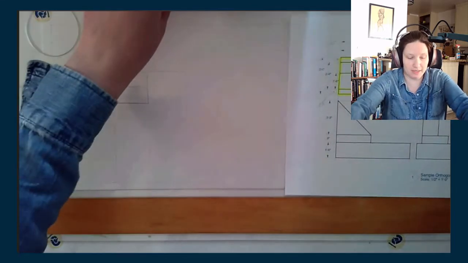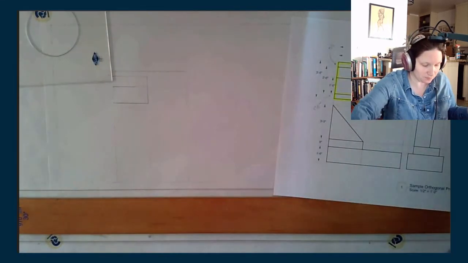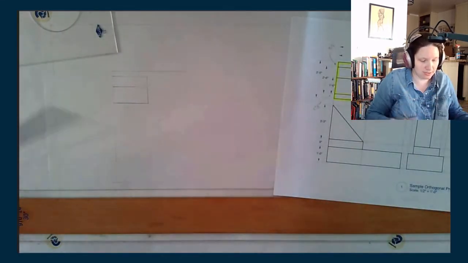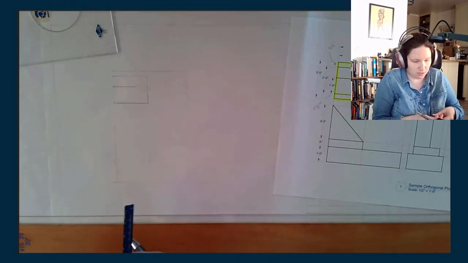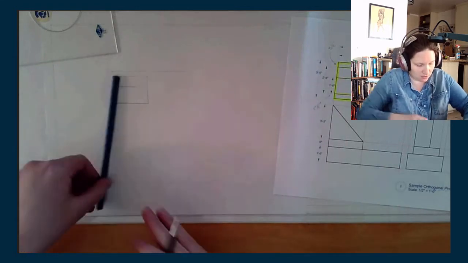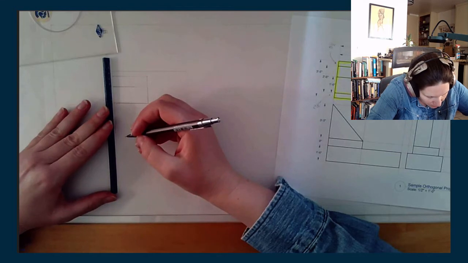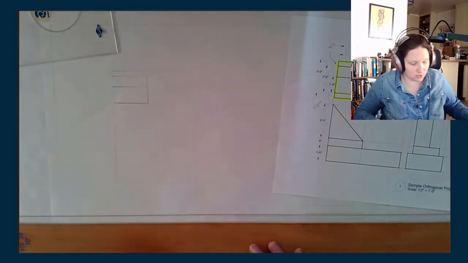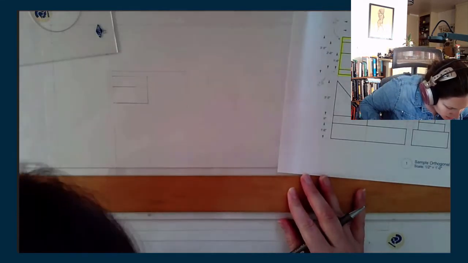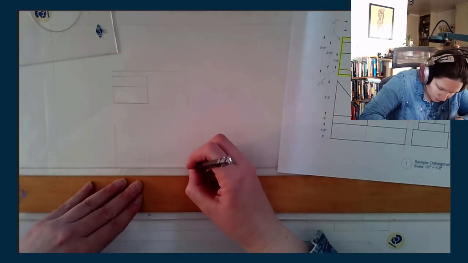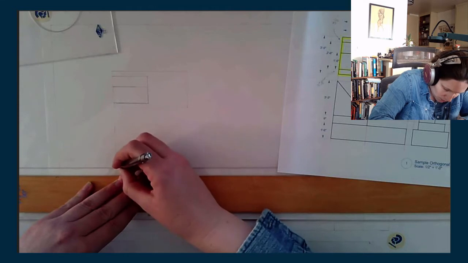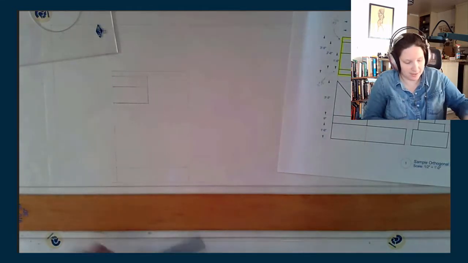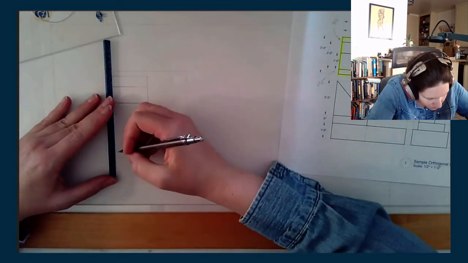So 1'6" from this bottom edge is going to be my first measurement. Let's grab that 1/2 inch scale, give myself a little mark at 1'6". Great. Take my T-square, pull that across, and I have 1'6". Great. Next one, 9 inches, no problem.